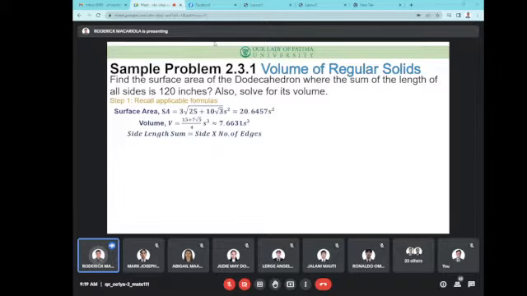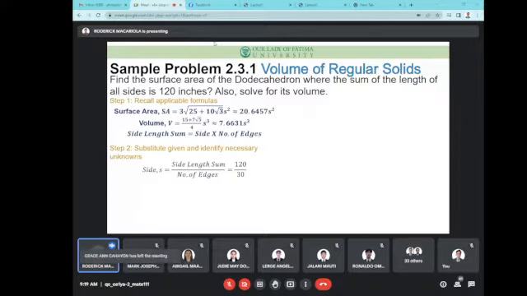So ilang edge kaya ang meron sa atin. Now, we know that a dodecahedron has 30 edges. And the sum of the lengths is 120. Therefore, one side measures 4 inches.